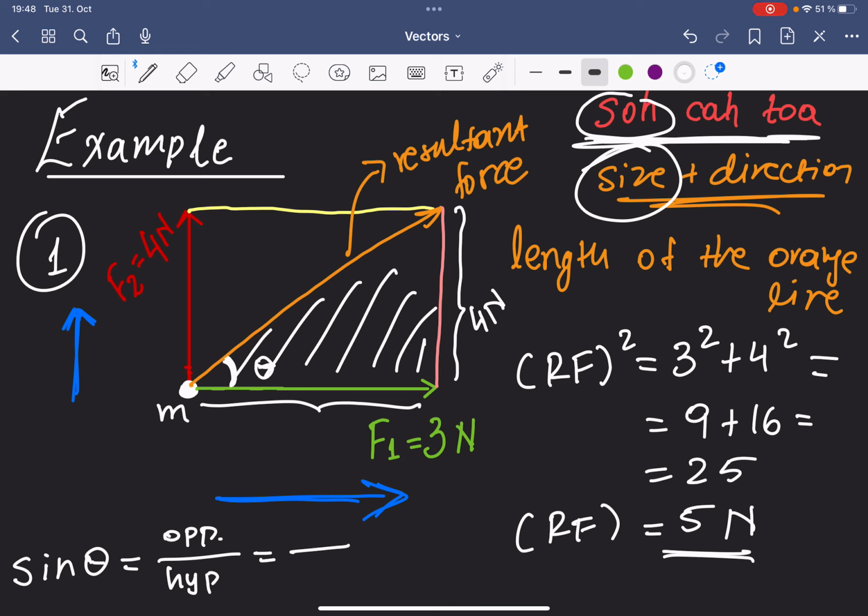And if we look at our triangle, the opposite side is 4 newtons, the hypotenuse is 5 newtons. And then from your calculator, what you need to calculate is basically that the angle theta is going to be the sine minus 1 of 4 over 5, and this will be in degrees.